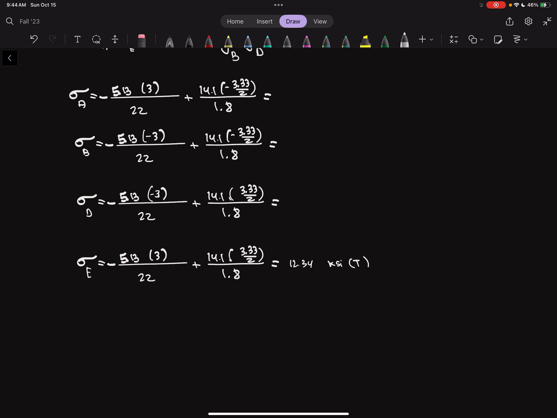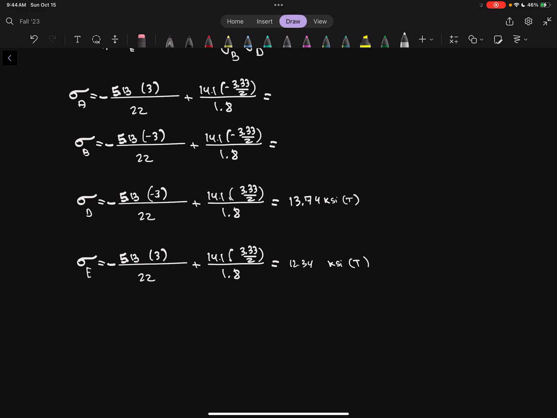And then for D, I'm going to get 13.74. And then for B, this is all a sign game. I'm going to have a minus here and a plus here.